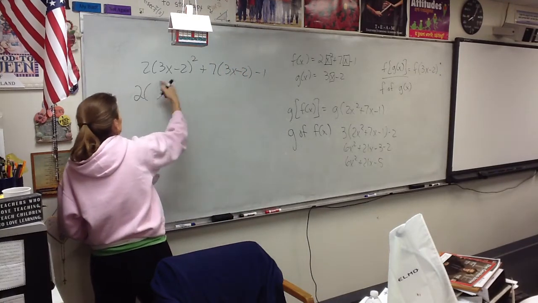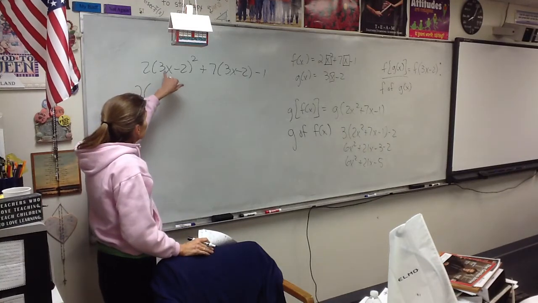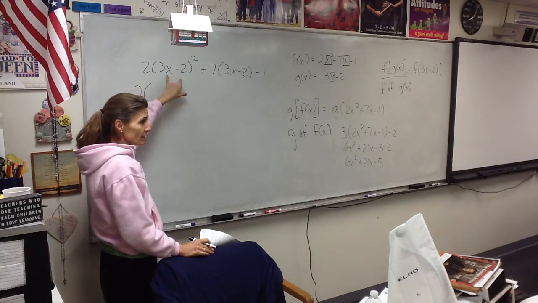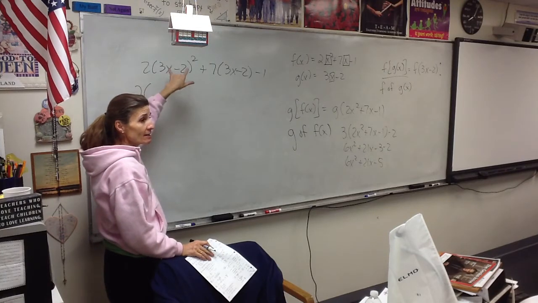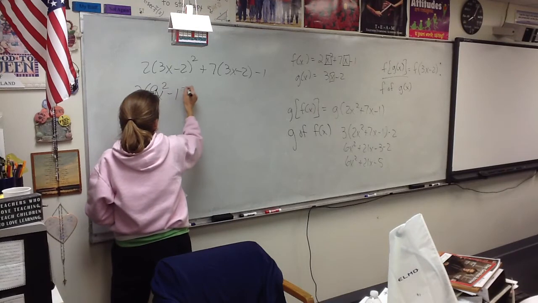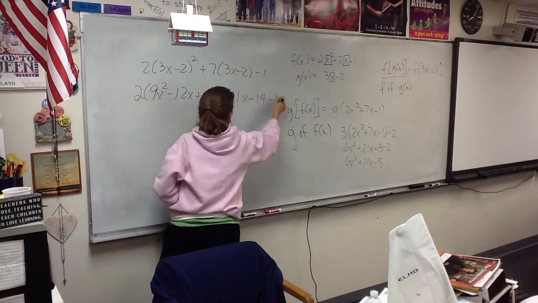So once again, we're going to FOIL here. If anyone in this room squares that and squares that instead of foiling, I will publicly humiliate you. And that goes for the groupies I don't even know. That is not good. You've got to FOIL this. So 9x squared minus 12x plus 4, 21x minus 14 minus 1.